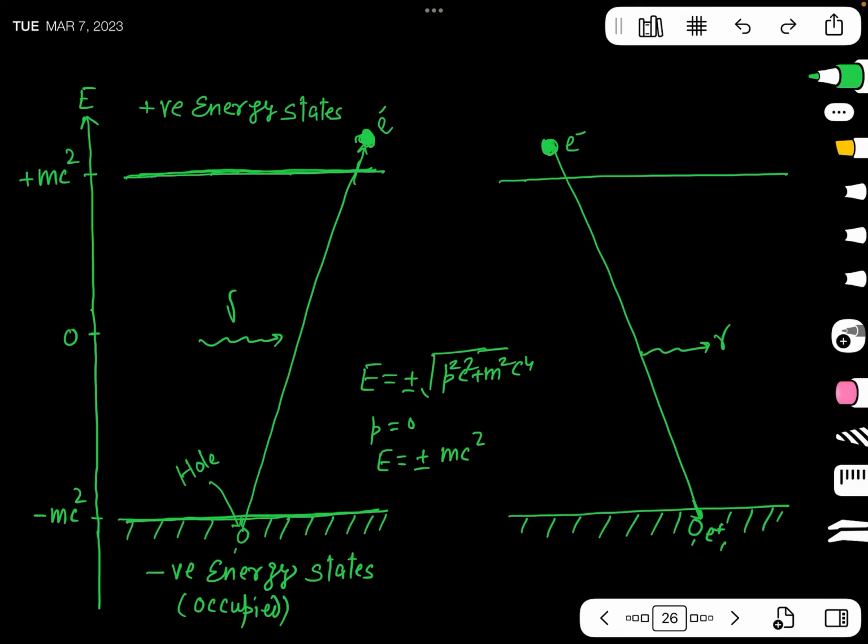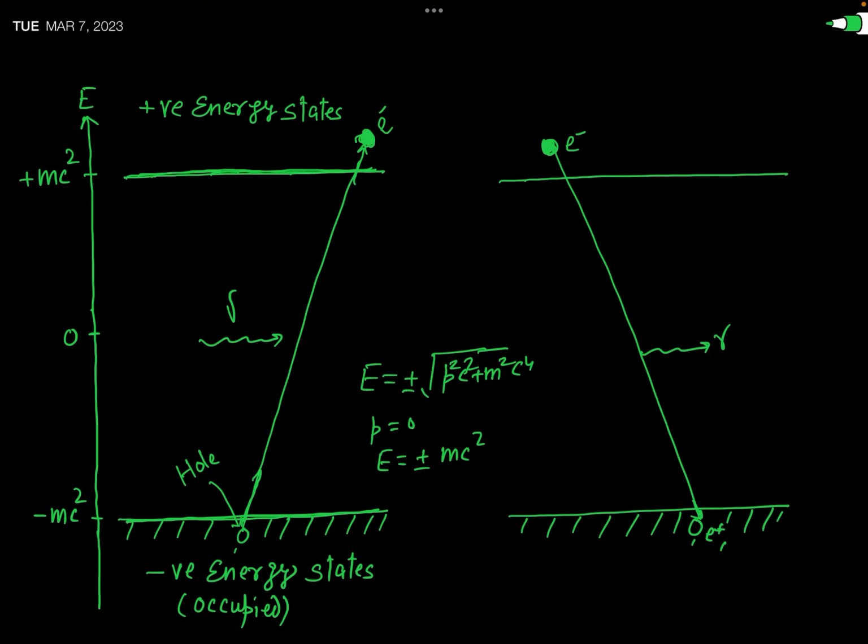So I have marked here that one of the electrons which absorbs the energy of the gamma photon makes a transition. You can see this figure. This transition is from the negative energy state to the positive energy state after absorbing the gamma photon.